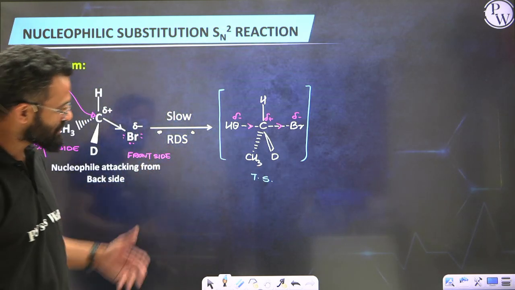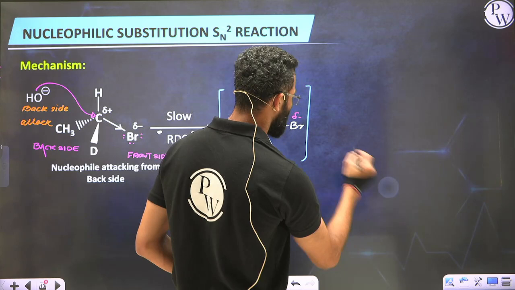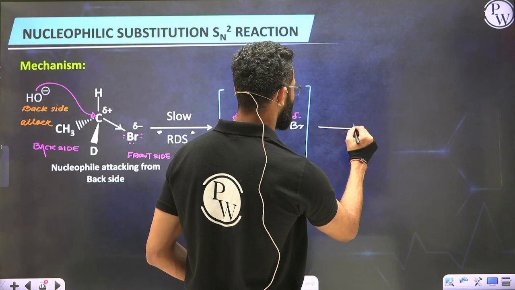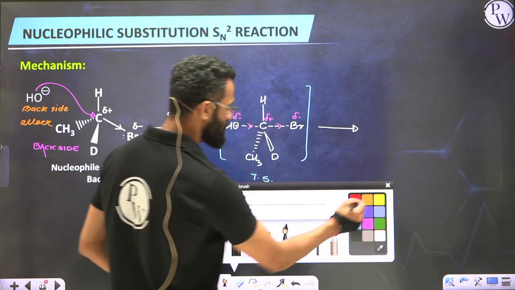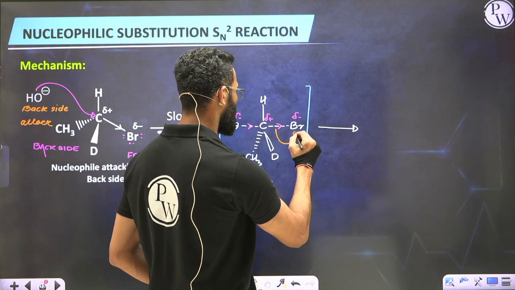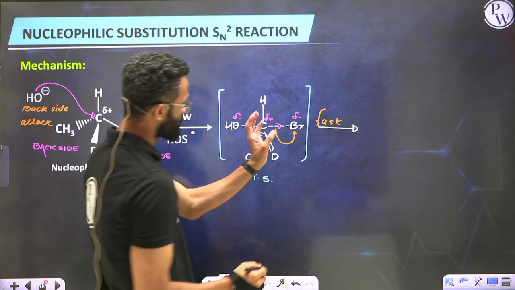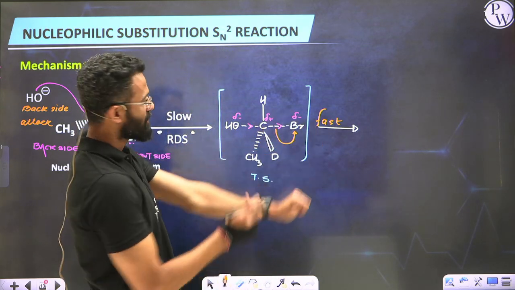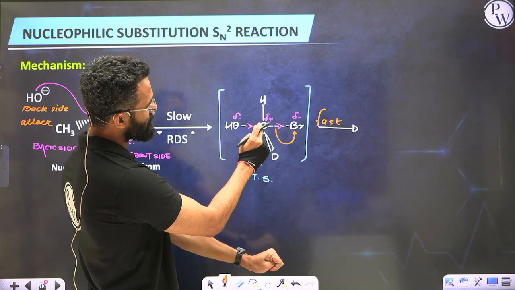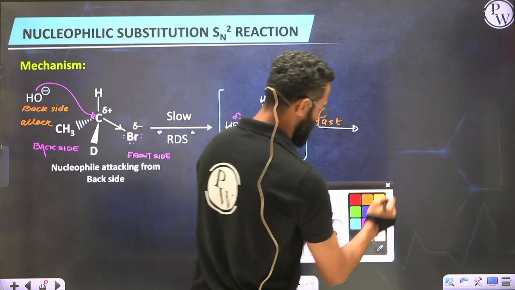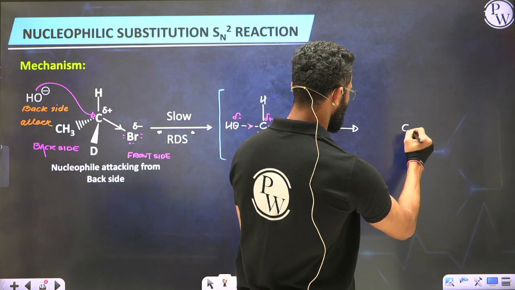And once transition state is formed, it immediately will undergo dissociation of carbon-bromine bond. So carbon-bromine bond will now break. Hence, the step is going to be a fast step. So if bromine is left from here, a carbon-oxygen bond will become permanent bond and the carbon will become tetrahedral. So we have got carbon.